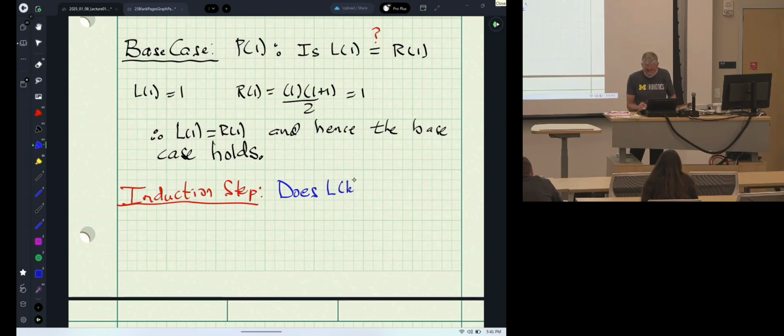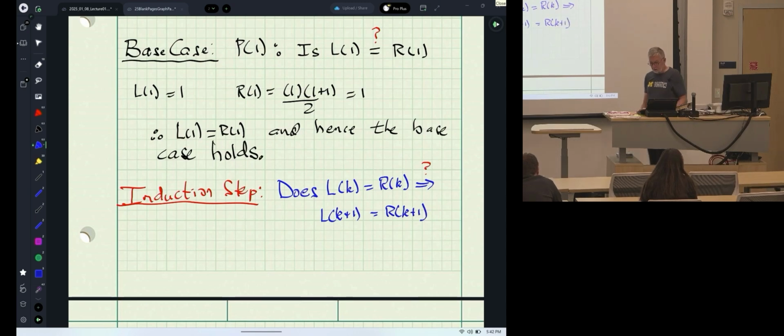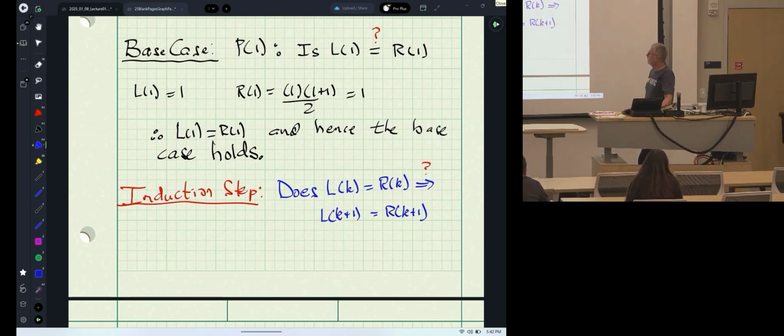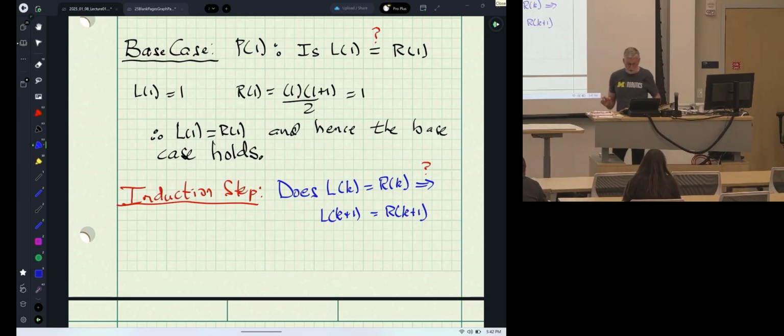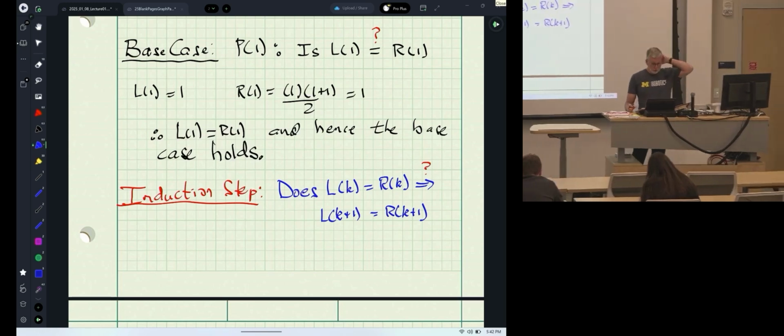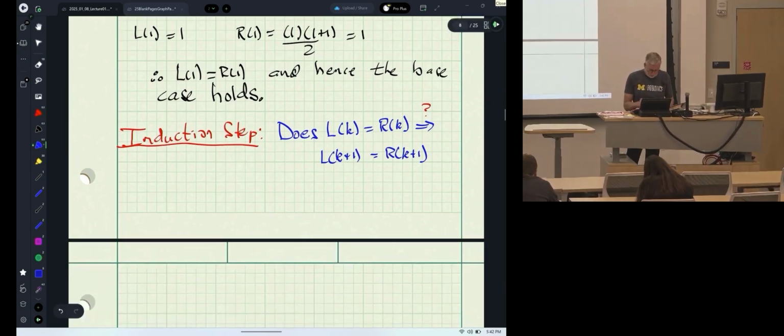Does L of k equals R of k imply that L of k plus 1 equals R of k plus 1? If it's true, we're done. That's how proofs by induction work. And I've broken it down into little itty-bitty steps for us to check. And so what I always say is, let's find out.